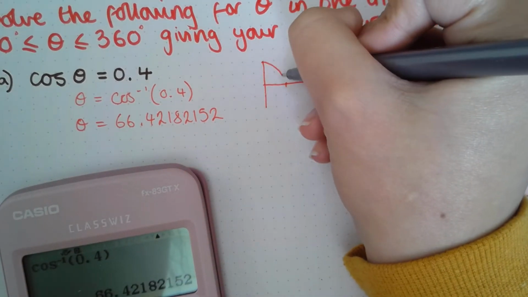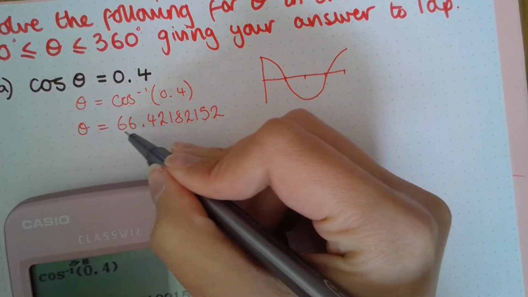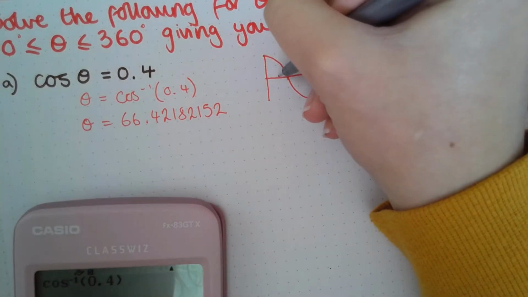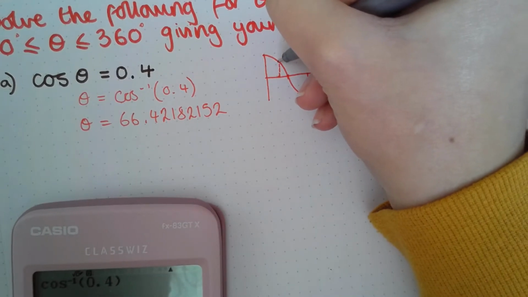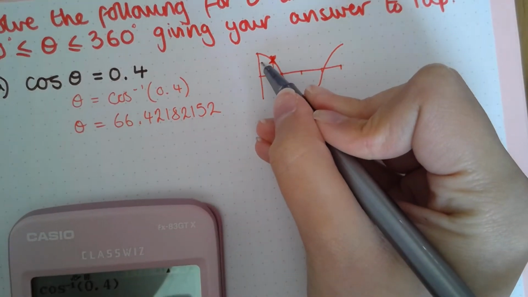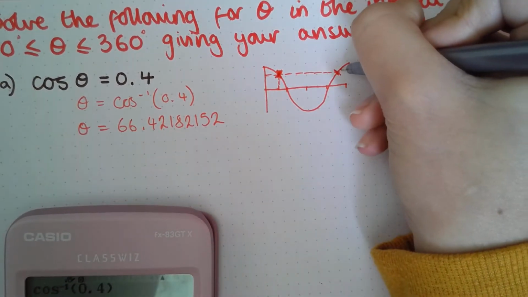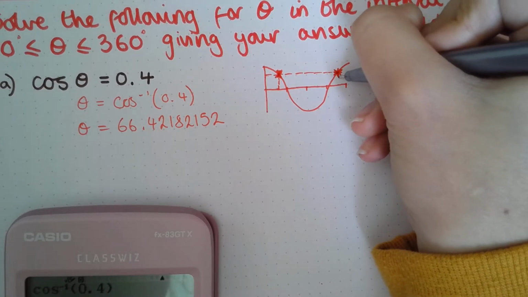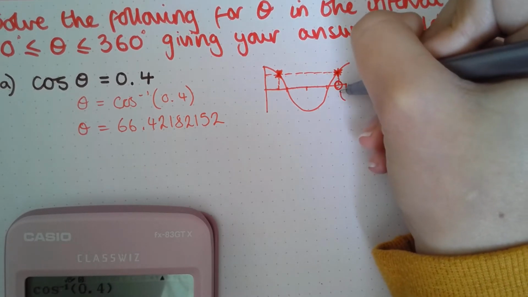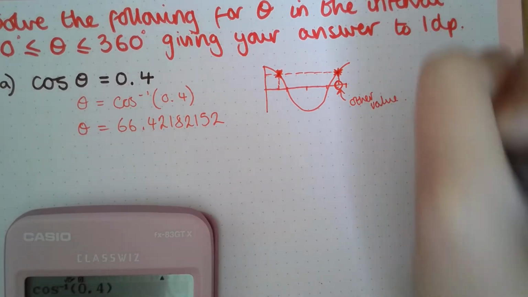So my cos graph will look like this, and 66 is roughly about here. Okay, so I know that there will be another value over here that I would like to find.